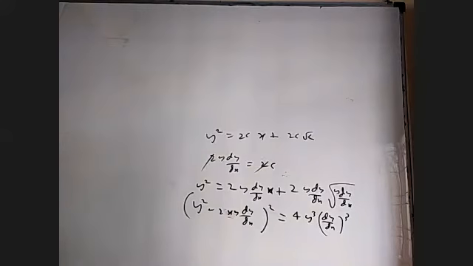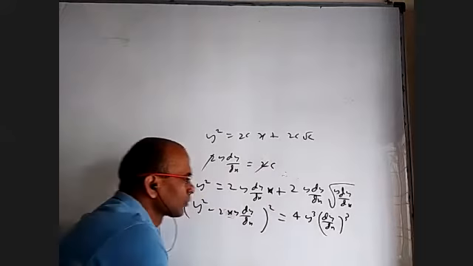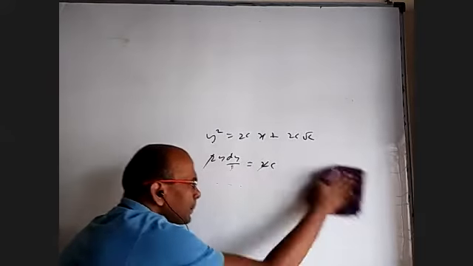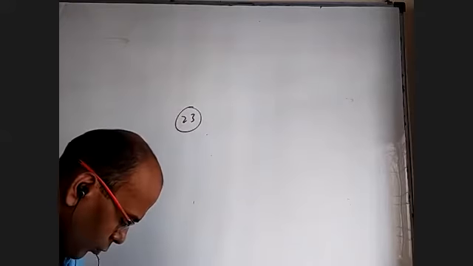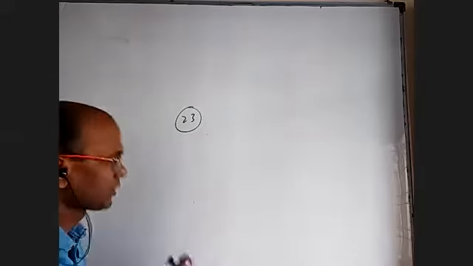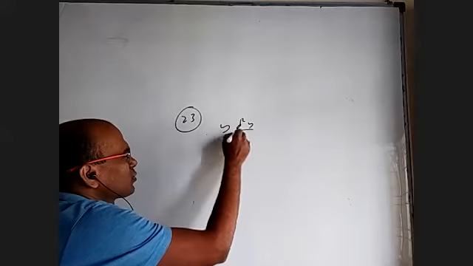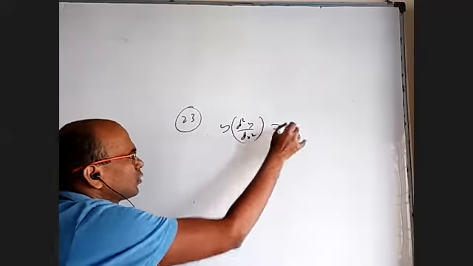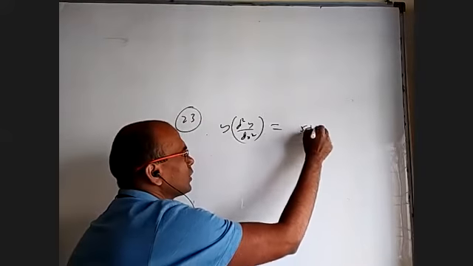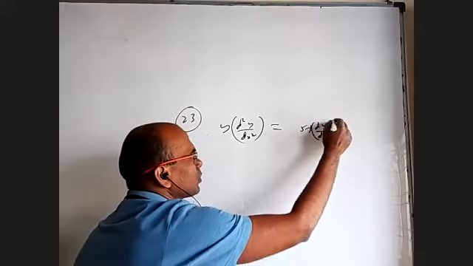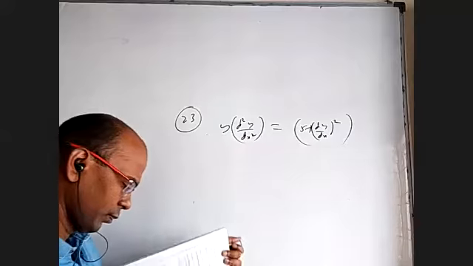Okay, done. 22. Okay, 23. If I bring d square y by dx square here, I'll get y into d square y by dx square equal to 5 plus dy by dx whole square, whole power 4 by 3.